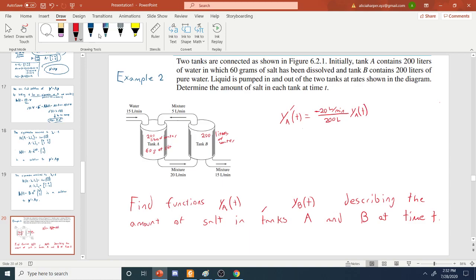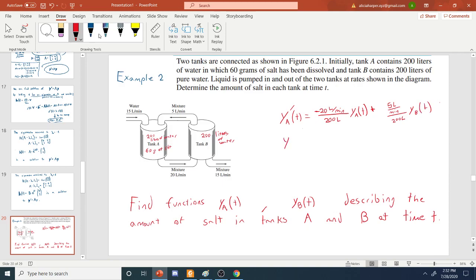And so this is negative. And then it's going to be plus 5 liters per minute divided by 200 liters times the amount of salt we assume is evenly mixed in tank B, so YB of t.